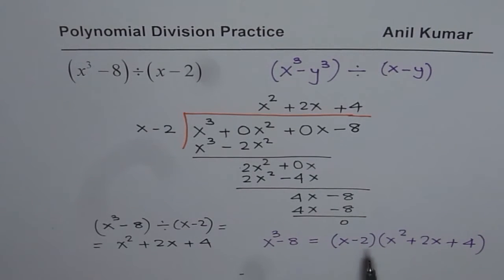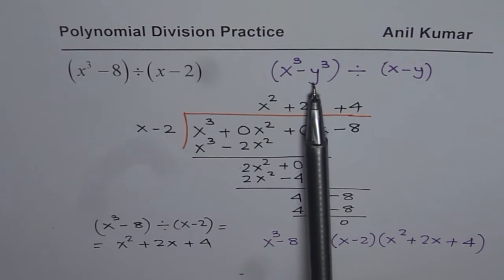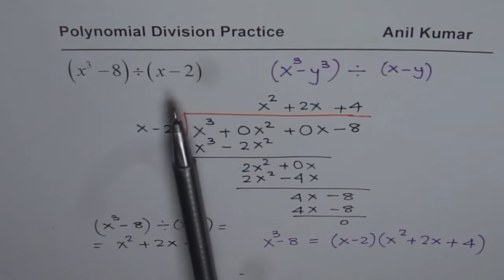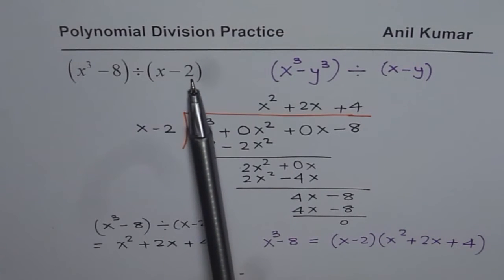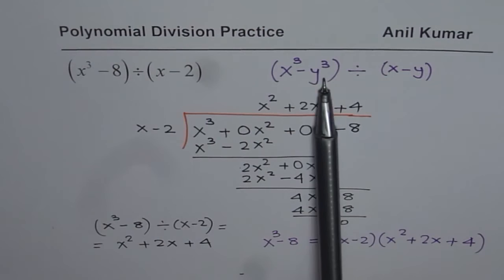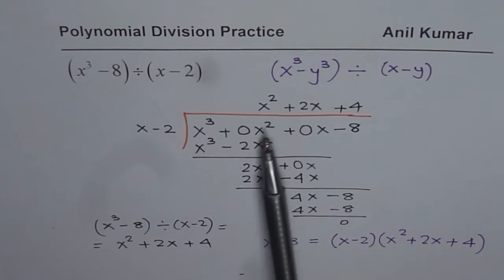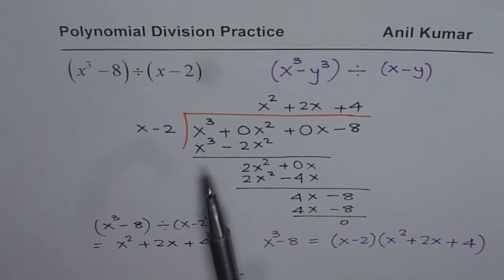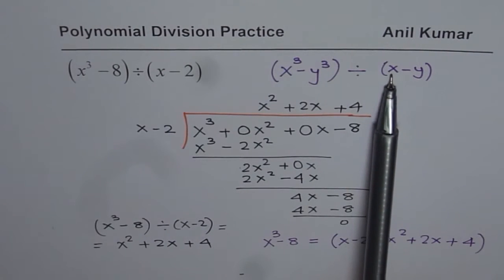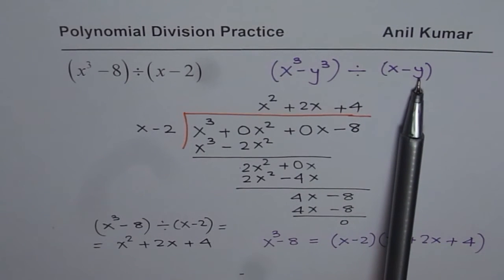Now, the difference between the easier question which I have taken here and the complex question there is that instead of constant 2 or 8, we have y or y cubed. Now in this case, what kind of placeholder should we have? Since we are dividing by x minus y, every time we will get a term with y.